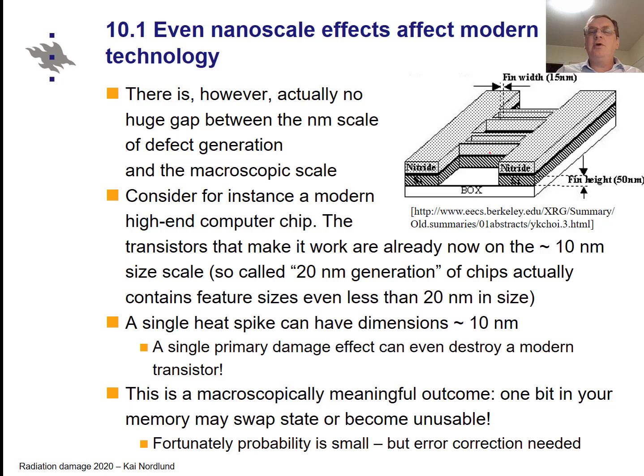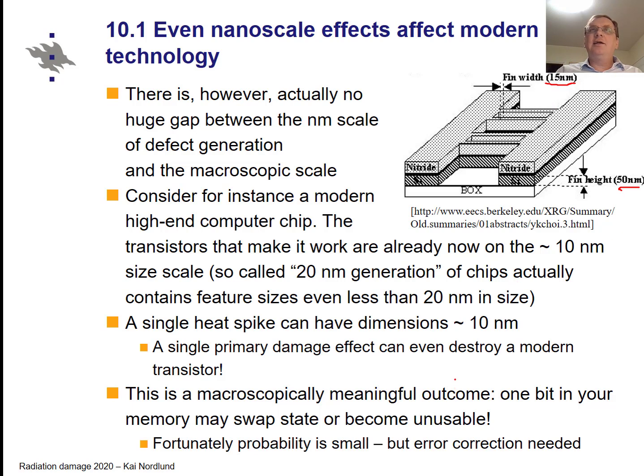They are complicated three-dimensional shapes, and the smallest features in modern transistors are well below 100 nanometers, so they are really nanoscale features. This is just one example of a so-called FinFET transistor. The details are not important. The point I wanted to make with this picture is just that we are really on the nanoscale in modern transistors.